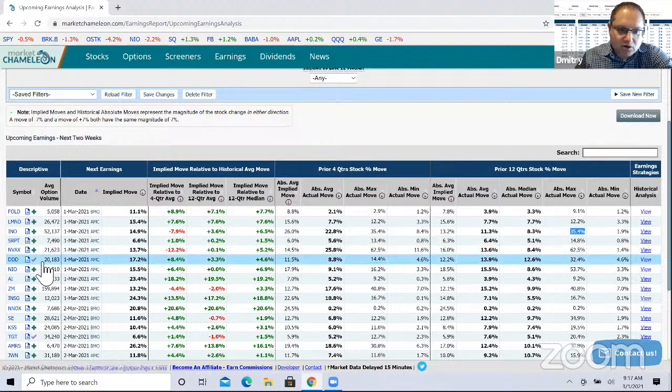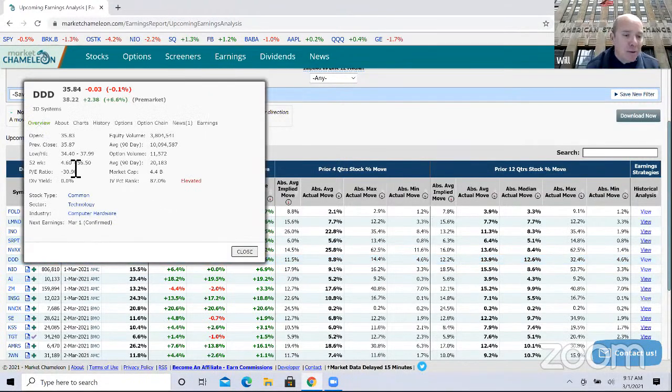So that's INO. Let's look at DDD. This is in 3D printing, and I know in that market there's a lot of enthusiasm. The 3D printers went way up initially, then they came way down. They're back now in favor, starting to come back up. I'm going to open this up really quickly. How many years ago was that?